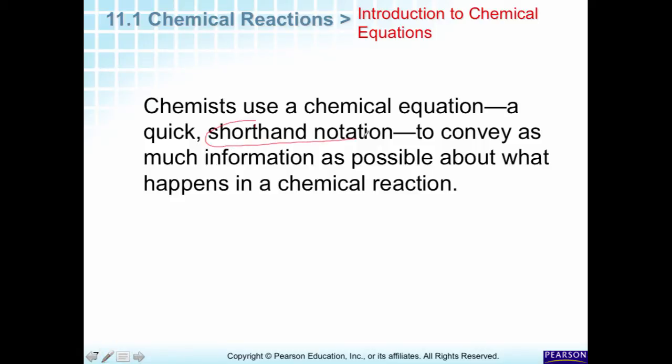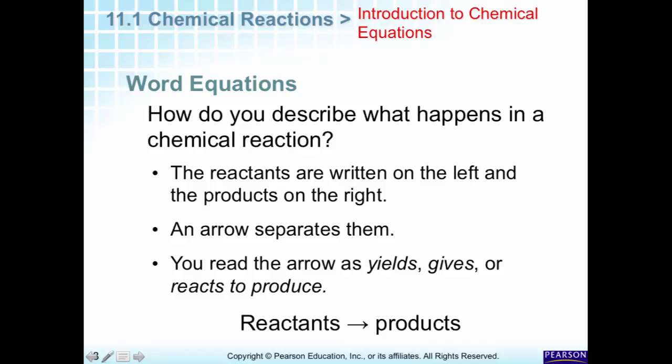A chemical equation is a shorthand notation to tell us what is happening and at the same time convey lots of information about the reaction. So we're going to talk about the first simplification of what we're doing in a chemical reaction by making a word equation. We take a description and simplify it into the fewest words we can to explain what's happening.